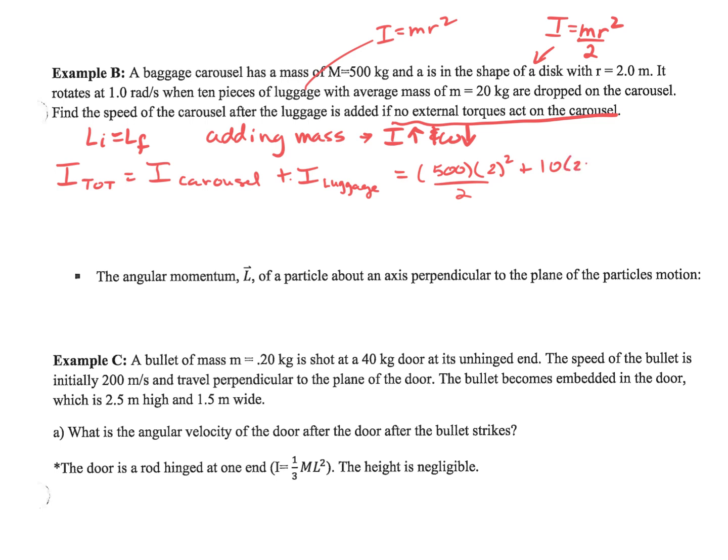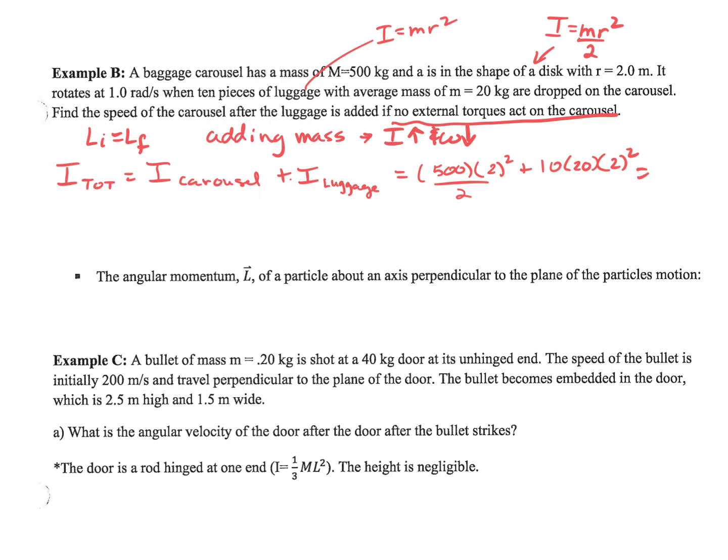each of which has 20 kilogram mass, and they're dropped onto the carousel. Well, they're going to be dropped onto the carousel at the edge, won't they? Isn't that usually where you put them? So we're going to say this is also 2, if we put them right out at the edge, how far they are from the center.